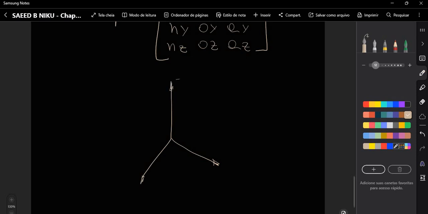This is the reference system, and now let's represent the referential this way.